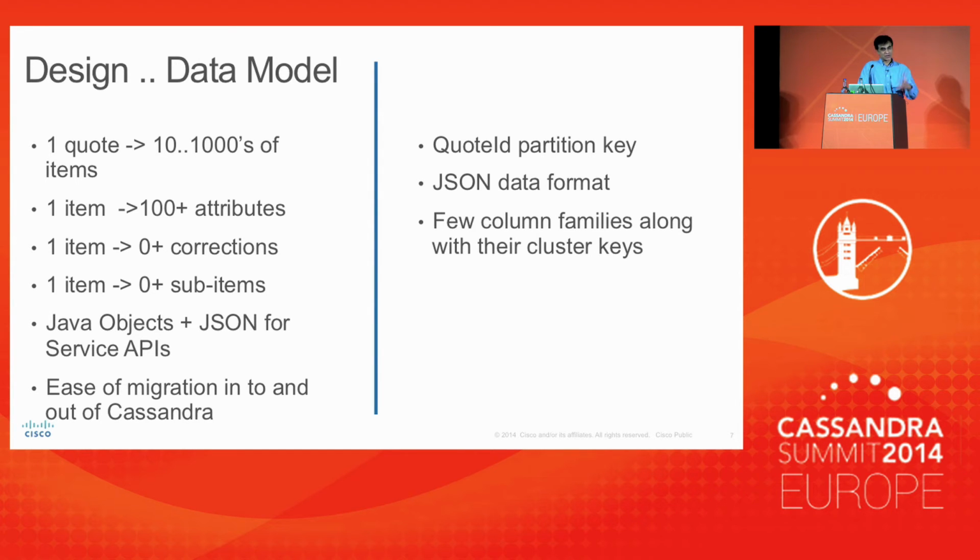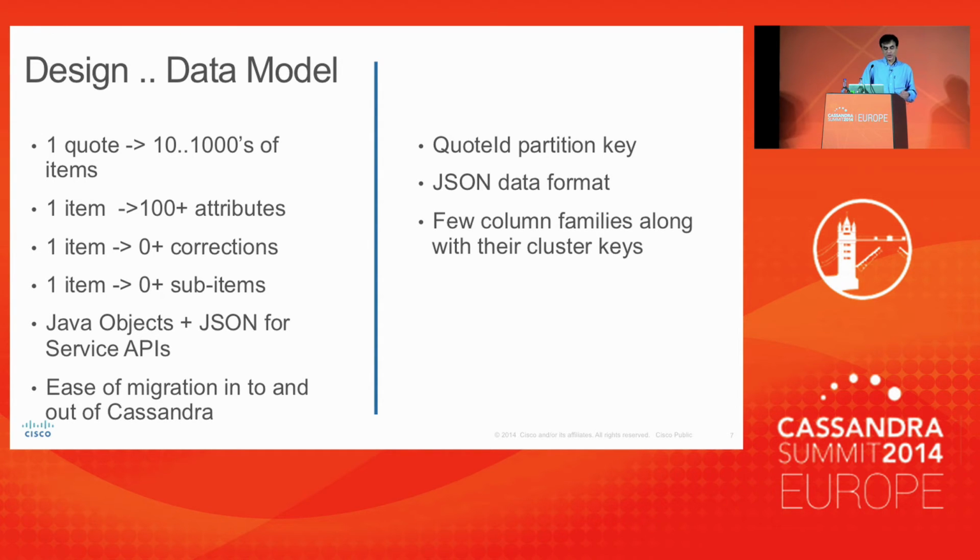And then there are errors and corrections we manage within that space, and also an item can have sub-items. So when I talk about items and sub-items, you're really talking about a box, and the box can have a board, and the board can have memories and power adapters, all of that. So it's the full configuration we're talking about here. Now that's a huge data set that we had to manage.